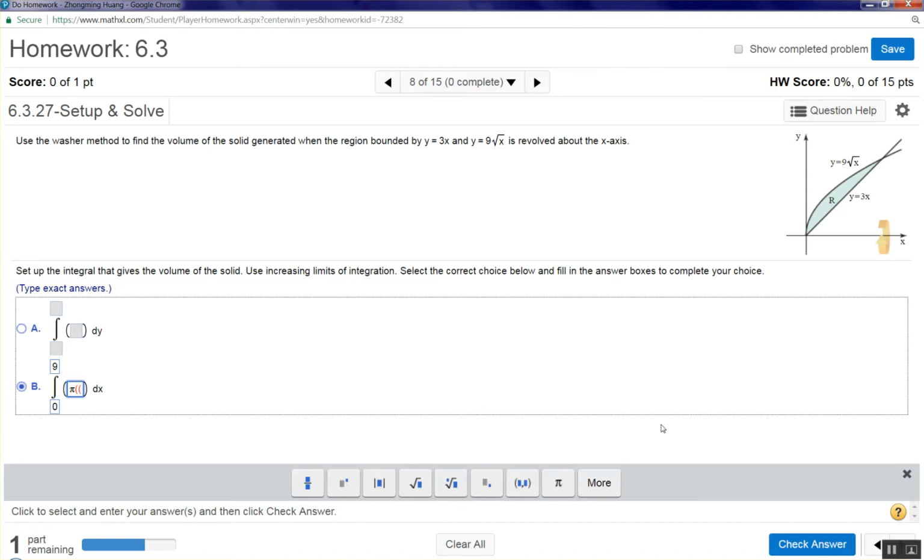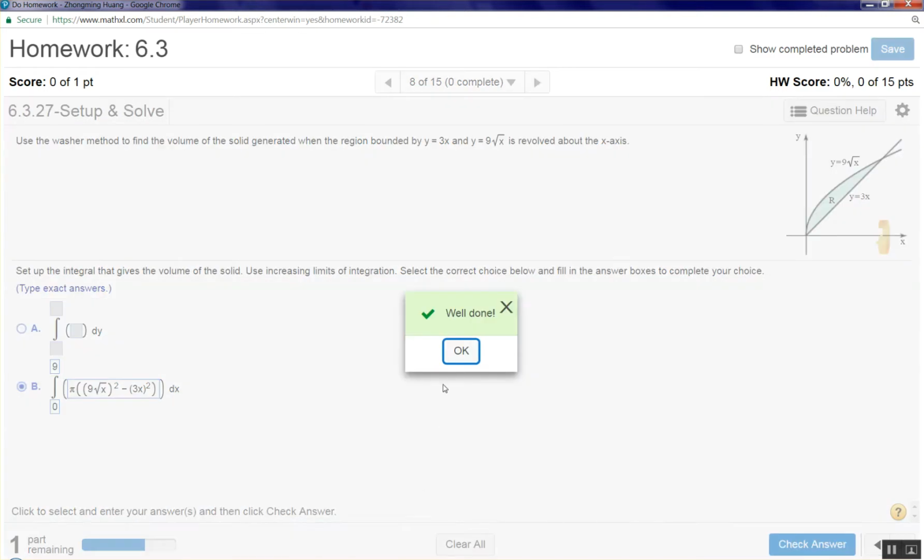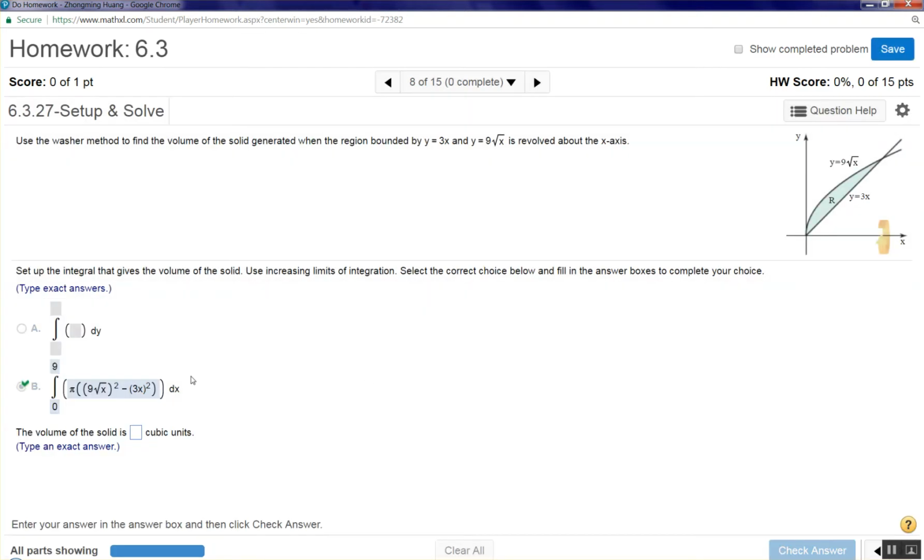If you look at the graph, the outer is 9 square root of x, squared, minus the inner one, the function on the bottom, which is 3x, squared. Let's check that. And now we can just go ahead and evaluate this one.